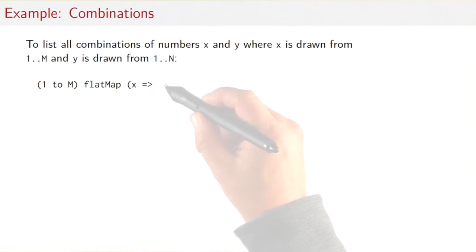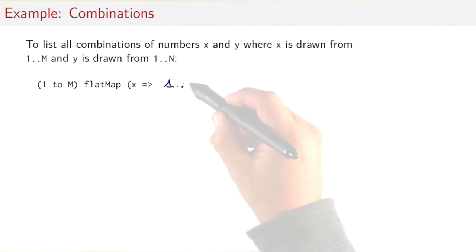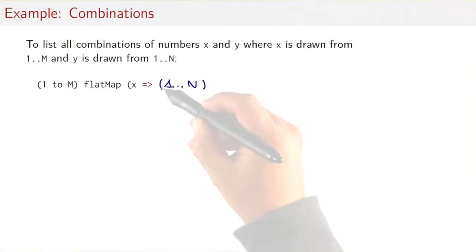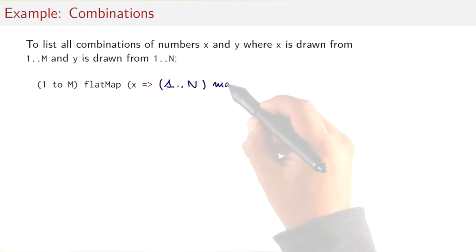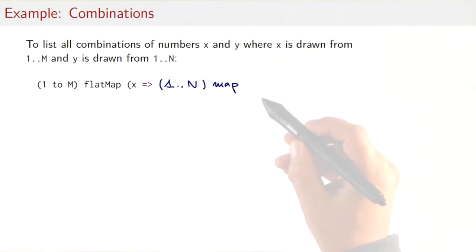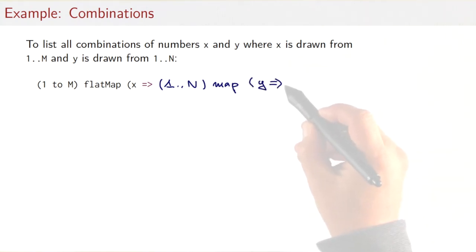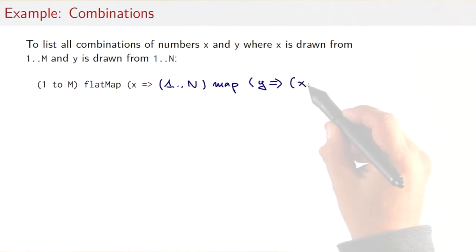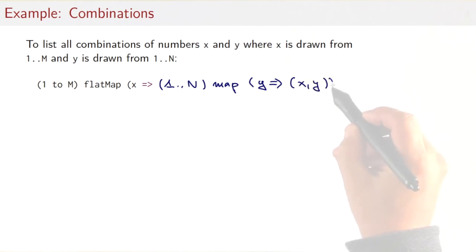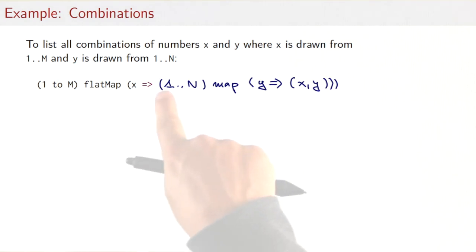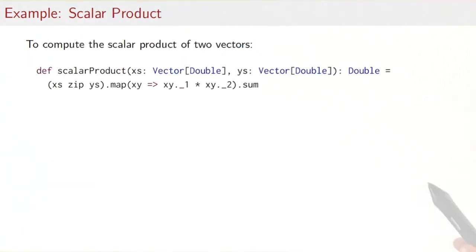Well, I have to go now through the second list, 1 to n, and I need a map. So for every element in 1 to n, I return a pair consisting of x and y, where x is drawn from the first range and y is drawn from the second.